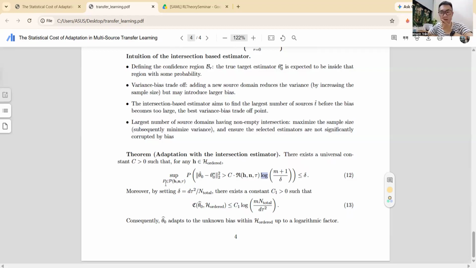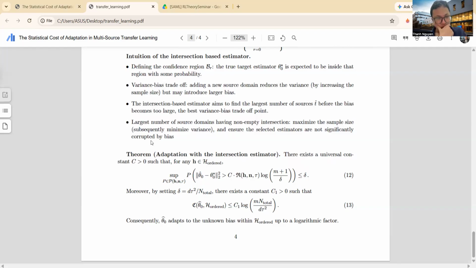Some of the ideas here we can think about doing for multi-source reinforcement learning, transfer learning. But in reinforcement learning, it's harder. In the setting of function approximation, you need to construct a version space for multiple sources and do the intersection.